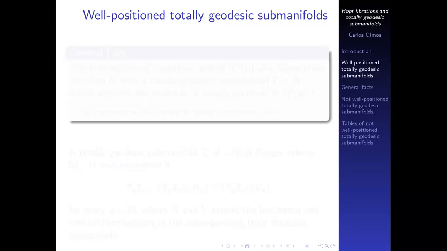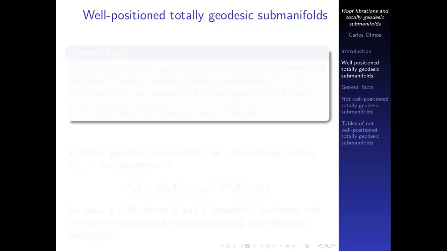So now, let's continue. I did not say in the introduction that this phenomenon appears when the geodesic sphere has totally geodesic submanifolds which are not standard.